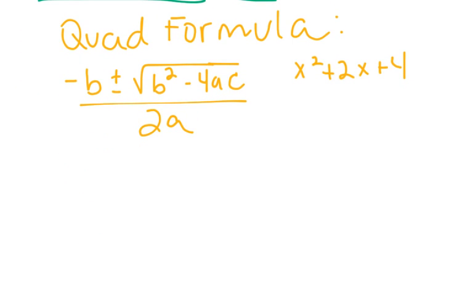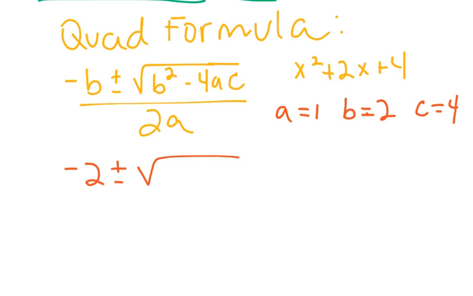First off, my a is equal to 1, b is equal to 2, and c equals 4. They just go in order here: 1, 2, and 4. So let's plug it in. Negative b, negative 2, plus or minus the square root of b squared, 4, minus 4 times a, which is 1, times c, which is 4.